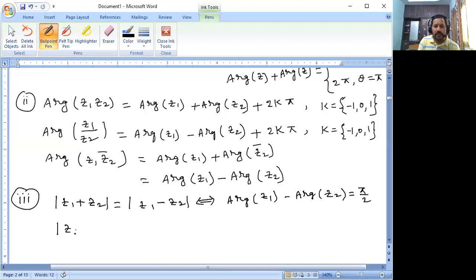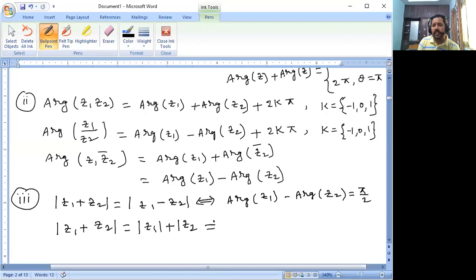If you want proof, in place of z1 take x1 plus i y1, in place of z2 take x2 plus i y2 and do the calculation, you will get it. Also, mod of z1 plus z2 is equal to mod z1 plus mod z2.